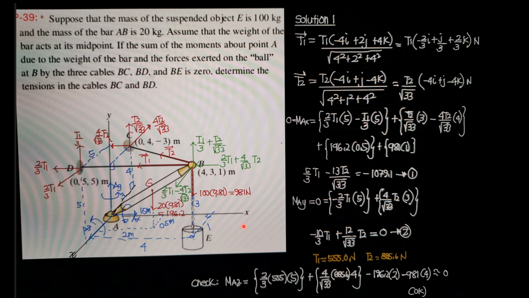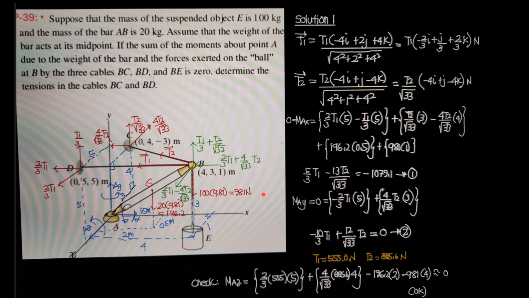Then, for the weights, this is minus, opposing that moment there. So minus 196.2, the moment arm is 2 meters. Then minus, the moment of 981 is also minus. It is going down, then opposing that positive sense.